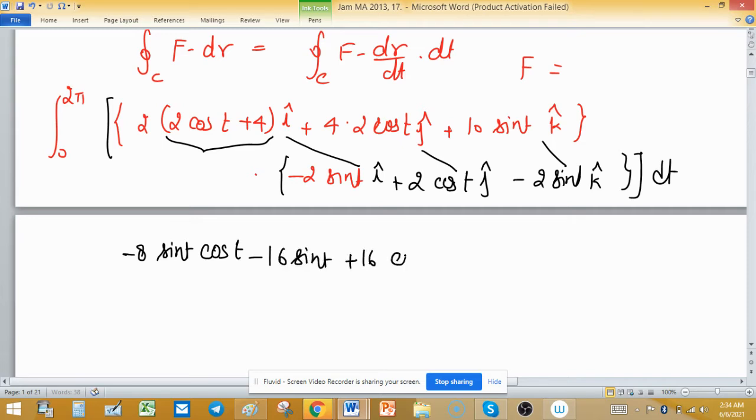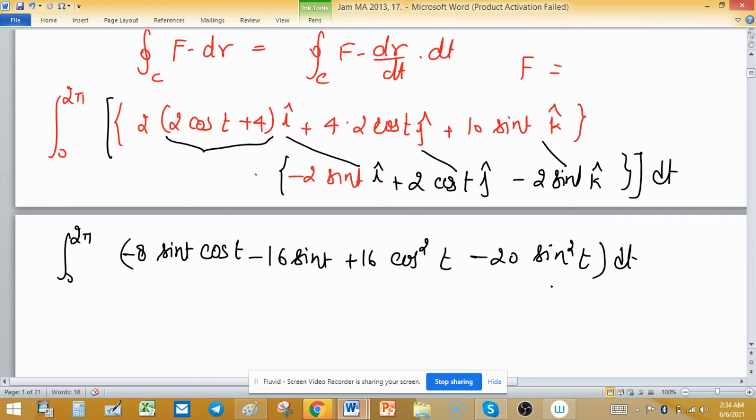Plus 16 cos squared t, obtained from the j hat term, and with the k hat term, minus 20 sin squared t dt. The limit runs from 0 to 2 pi.